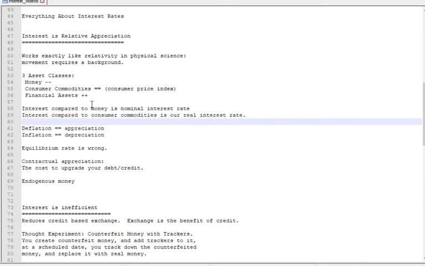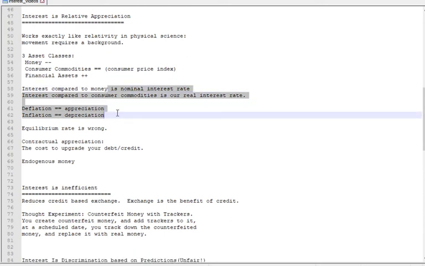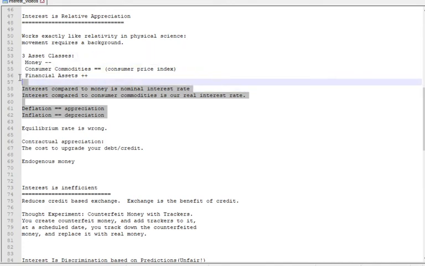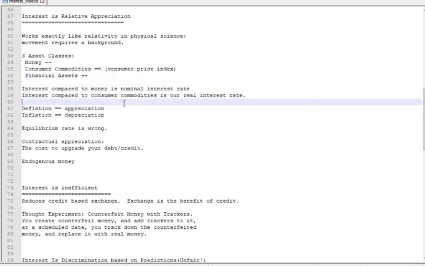They may not have been available across those timescales, or even before the printing press, even if there were books, they would not be thought of in the same way. So we get our two basic ways of measuring interest or relative appreciation, the nominal interest rate and our real interest rate.